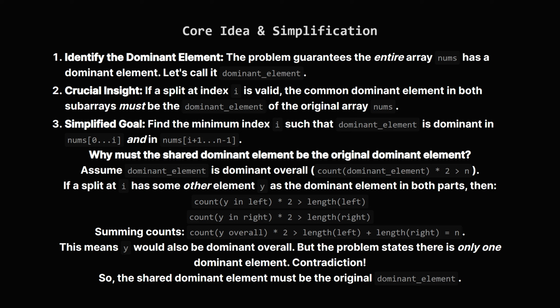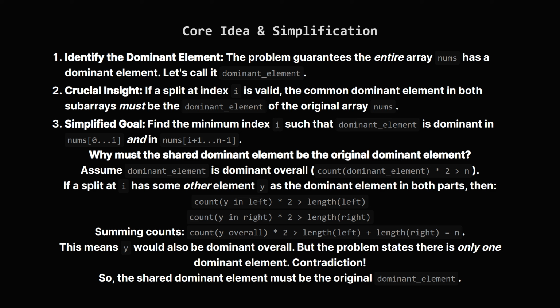Adding these two inequalities, (count_left_x + count_right_x) times 2 is greater than (i+1) + (n-i-1). So count_overall_x times 2 is greater than n. This means that x must also be dominant in the original array nums.